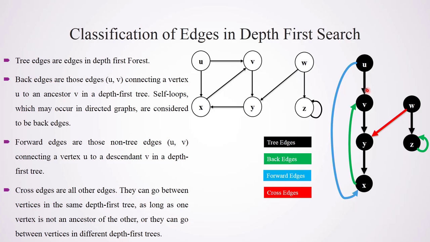This is one depth first tree, this one is another. From one depth first tree an edge is going to another one, so such edges are called cross edges. One more thing: this self edge, or loop, comes under back edges. Self loops, which may occur in directed graphs, are all considered to be back edges.